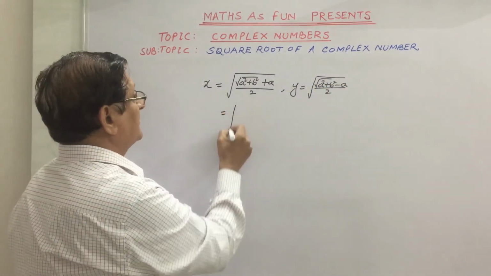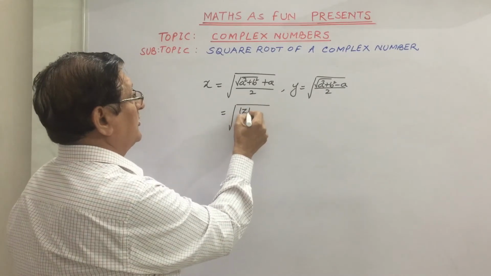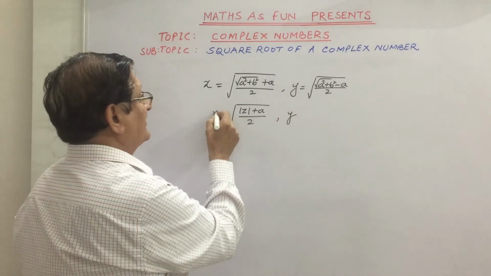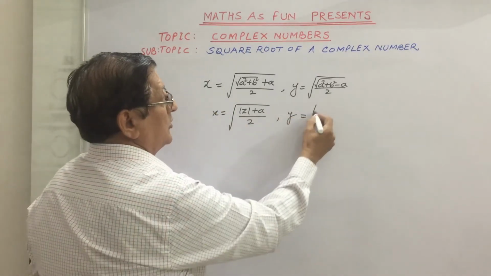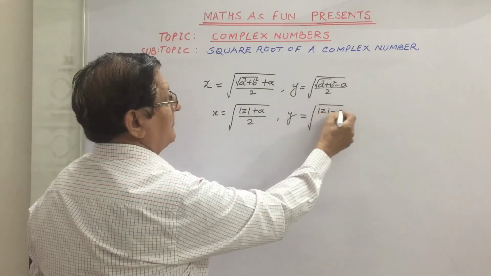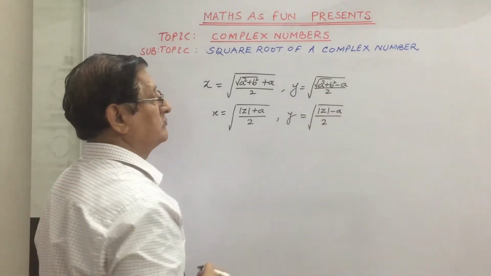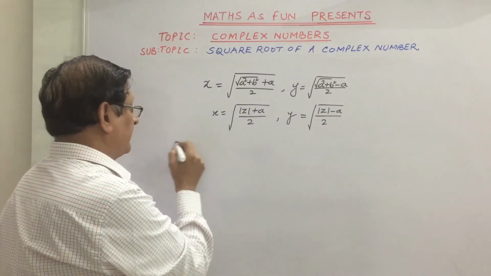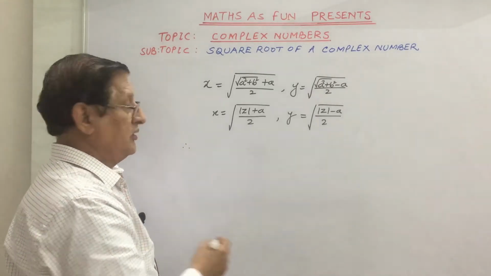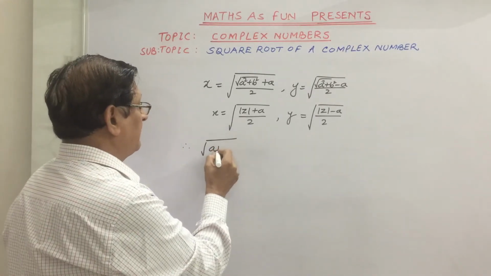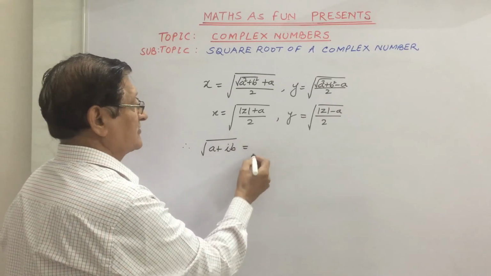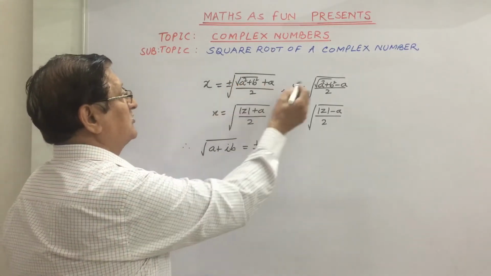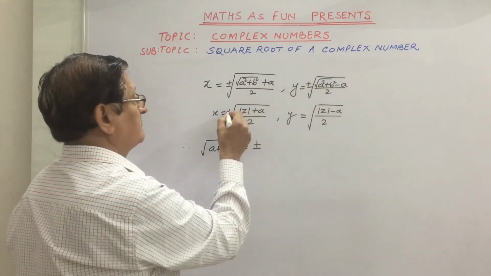Can we also write this as root of modulus z plus a upon 2 and y as root of modulus z minus a upon 2? Now, we can also write the value of root of a plus iota b as plus minus, because the roots are with plus minus, so we can use the sign of plus minus here.